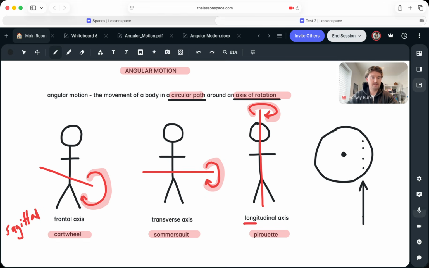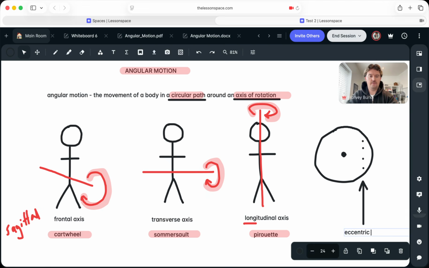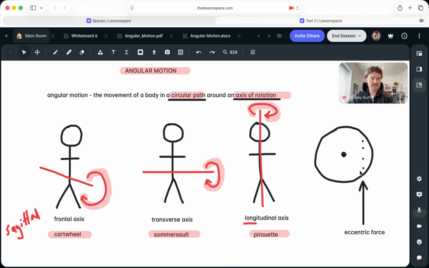And therefore, this is the type of force that would create angular motion. And this is known as an eccentric force. So an eccentric force is just an external force that passes outside the centre of mass of an object. So that's what angular motion is, examples of angular motion and how it's created via eccentric forces.